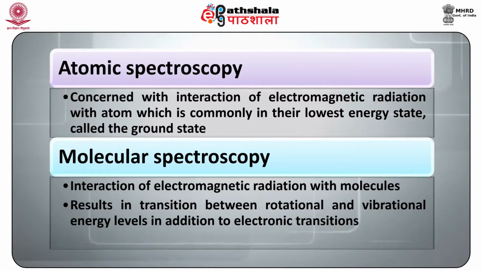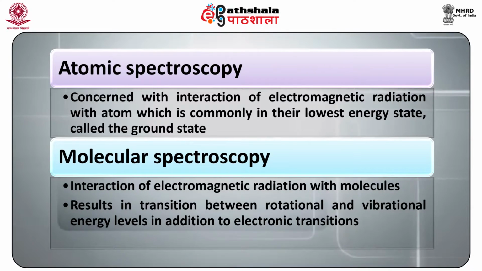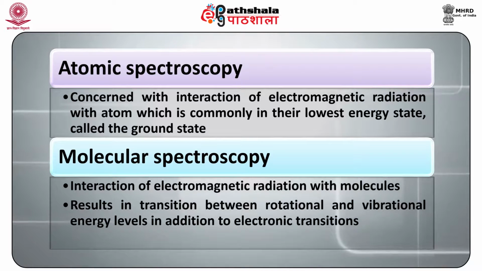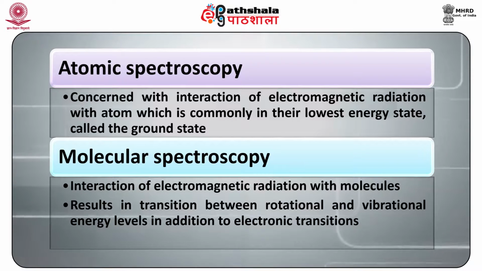Spectroscopy is a common procedure that can be changed in several conducts to extract the information about the energies of electronic, vibrational, rotational states, structure and symmetry of molecule and dynamic information. We have the following types of spectroscopy, one of which is atomic spectroscopy. This spectroscopy is concerned with interaction of electromagnetic radiation with the atom, which is commonly in the lowest energy state called ground state.